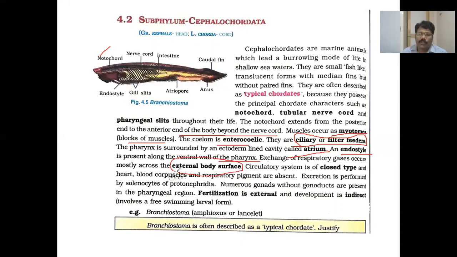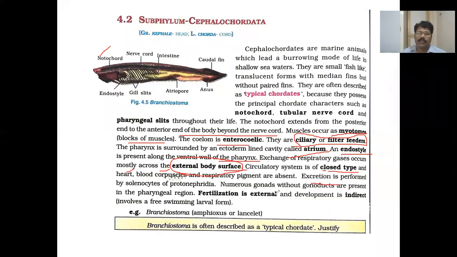So no special respiratory organs are present. And we have a closed type of circulatory system in which we don't have any kind of heart, blood corpuscles, and respiratory pigments. So even though the circulatory system is of closed type, we don't have any blood, we don't have any heart, and you don't have any respiratory pigments.